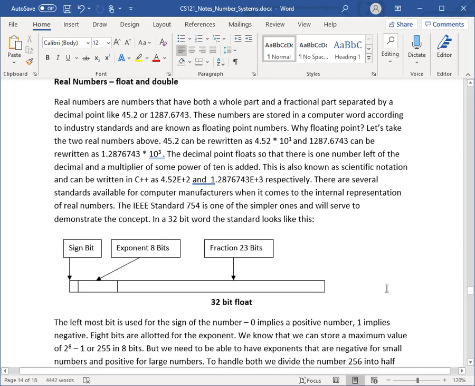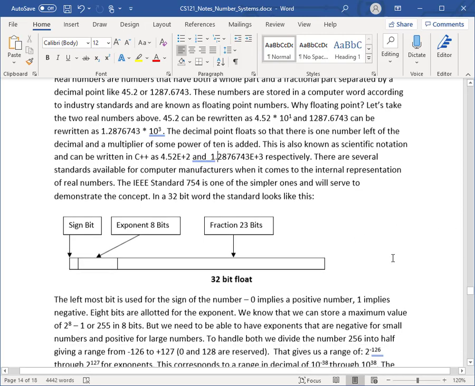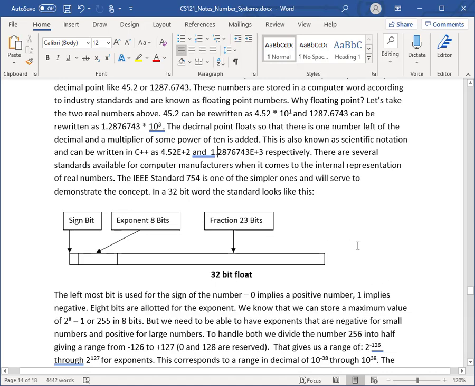The way that floating point values are represented in memory is really up to several standards. Different manufacturers adhere to different standards, but there is a small set of standards that everybody has to adhere to. Here is a very simple representation of that. With 32 bits, one of those bits is the sign bit.